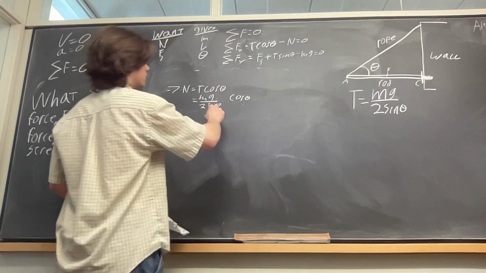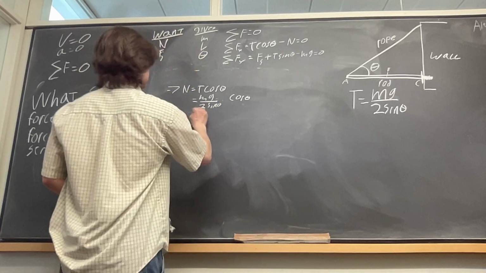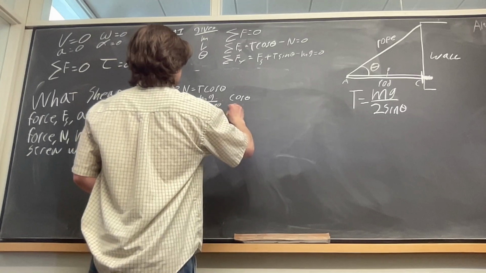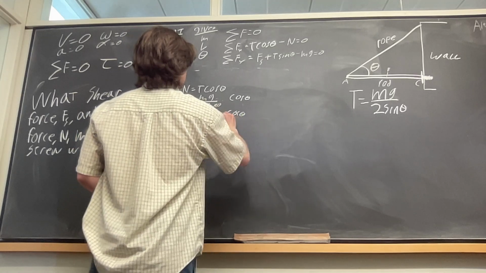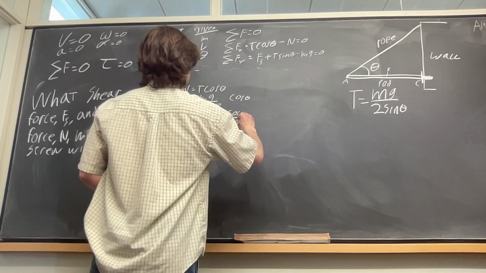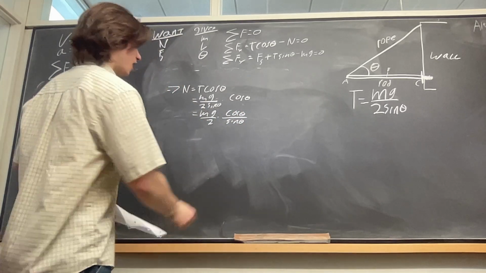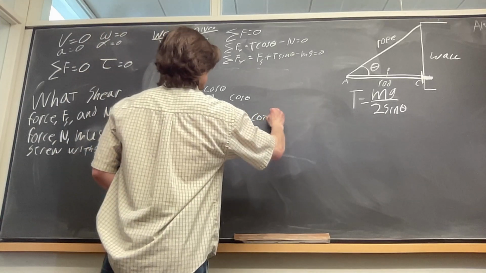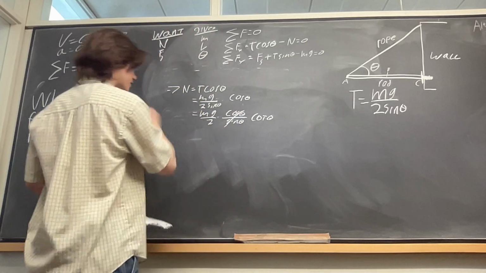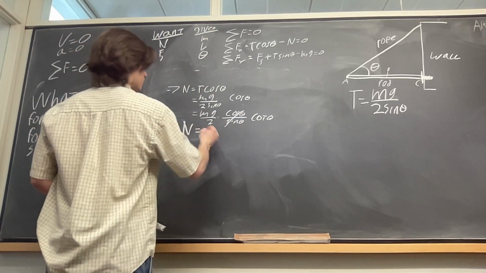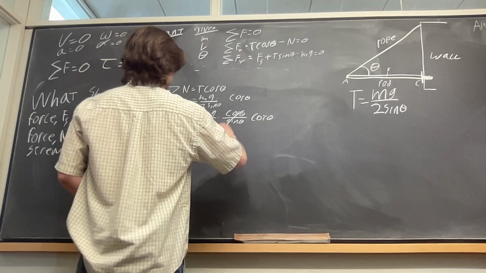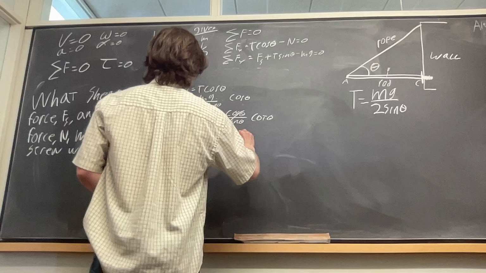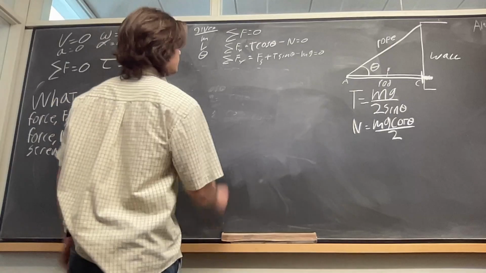Now we can pull this out and rewrite it as mg over 2 times cosine of theta over sine of theta. And cosine over sine, that's just cotangent. And that's our normal force. So we have N equals mg over 2 cotangent of theta.